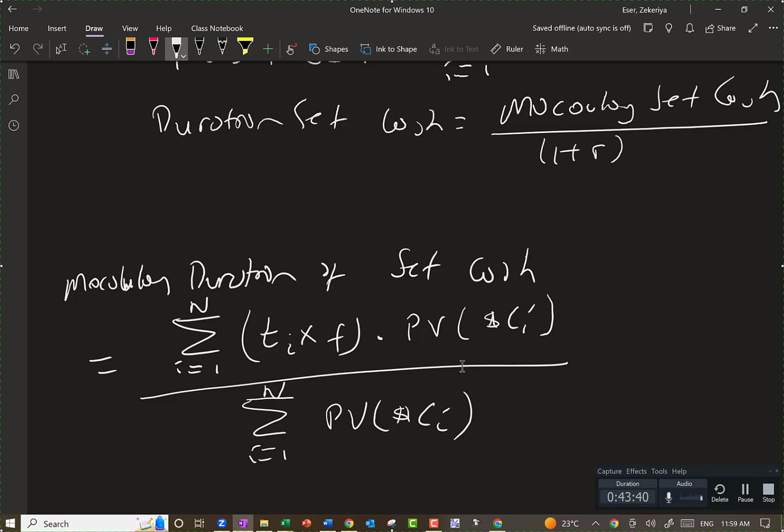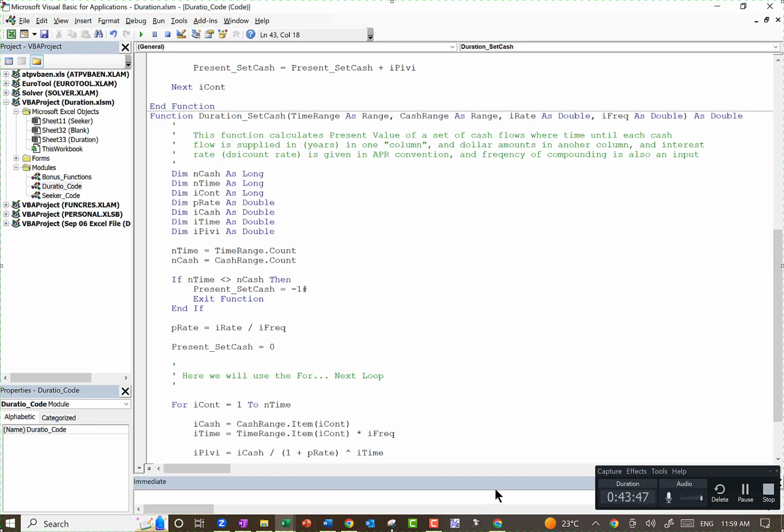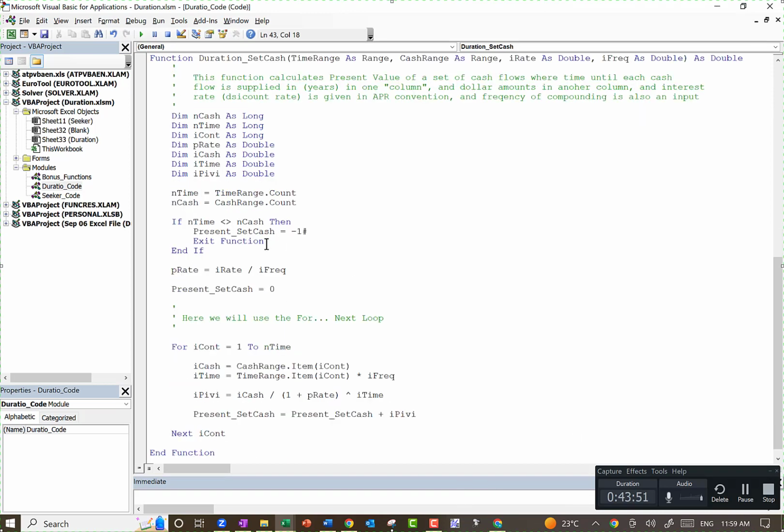Okay. So let's go back to our code. Instead of present set cash, this is going to be duration set cash.